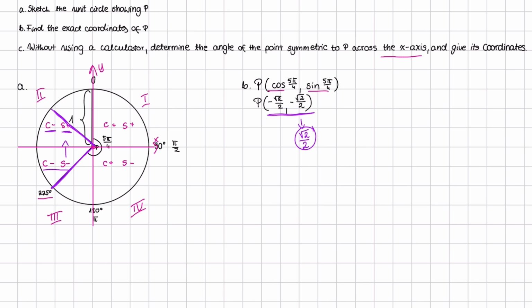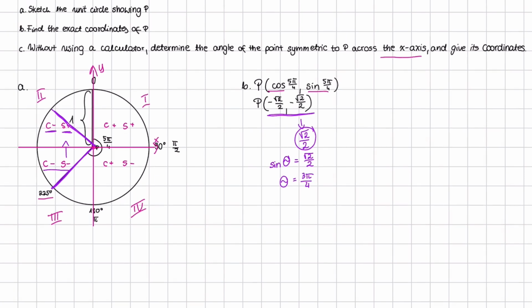However, we have to give an angle. So our sine of the angle is square root of 2 over 2, and we have to find this angle, and this angle we can find in solver, and this angle is 3 pi over 4.